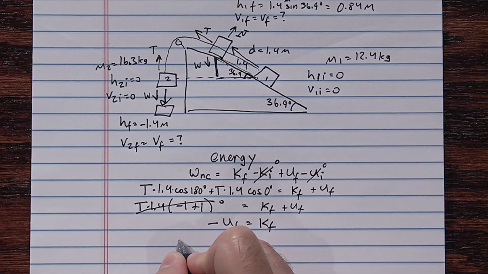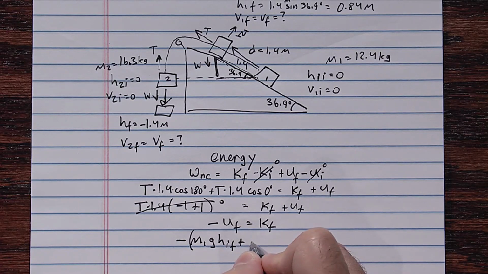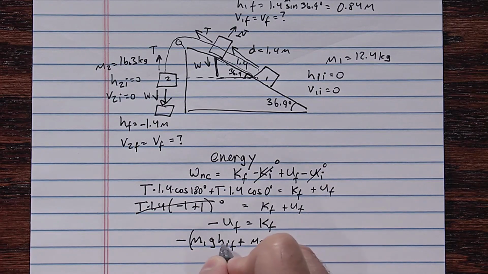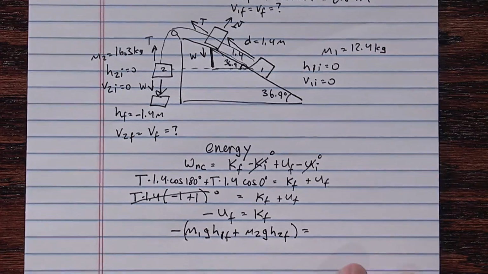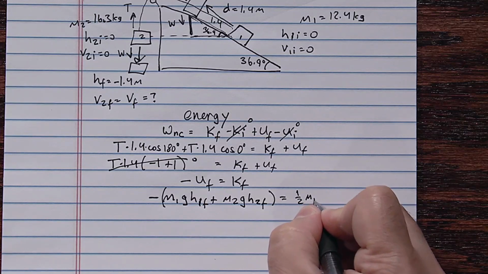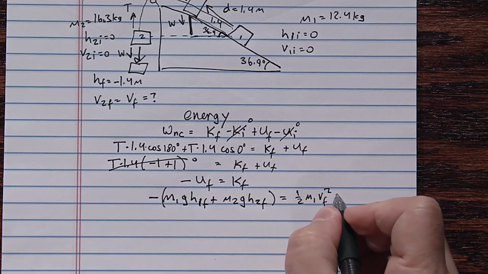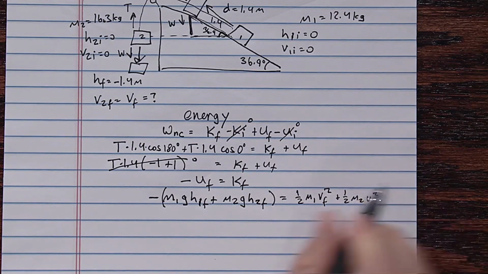So minus U final would be minus mass 1 G height 1 final plus mass 2 times G times height 2 final is equal to kinetic energy final. So that would be 1/2 mass 1 V final squared plus 1/2 mass 2 V final squared.